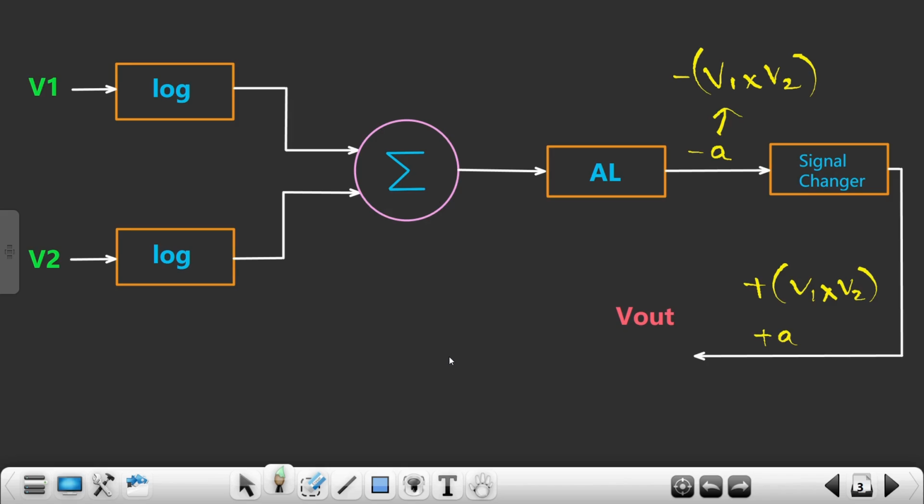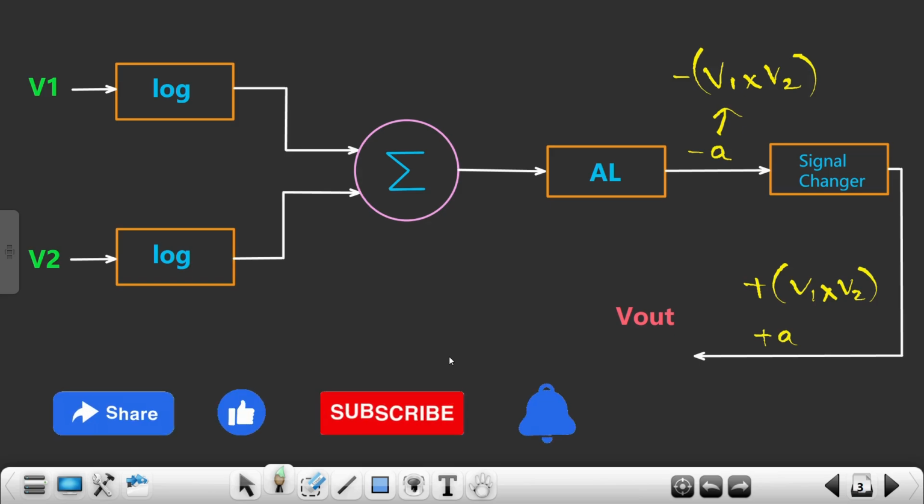Okay, at least the block diagram. I'm just focusing upon the block diagram. Please try to design the block diagram of a divider circuitry on your own. Okay, and in the next video I will show you how exactly we can design a divider block diagram with the help of an op-amp circuitry.